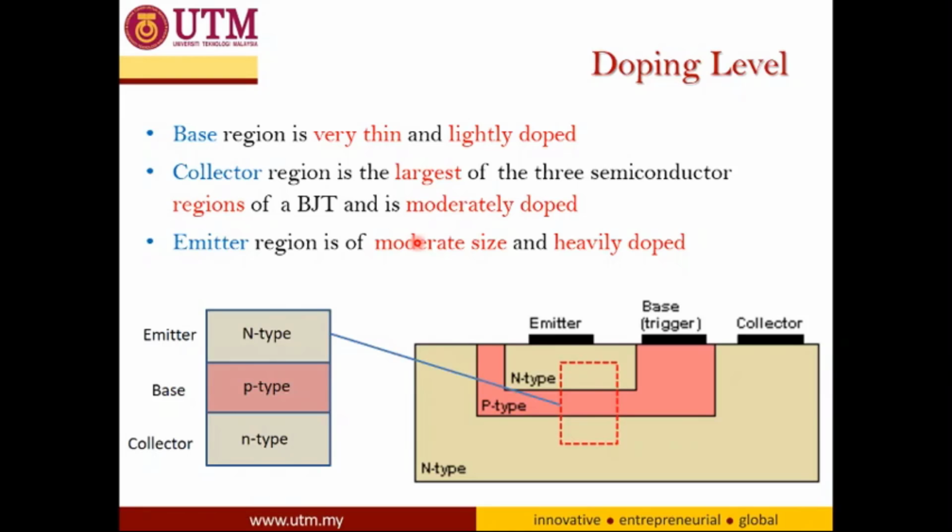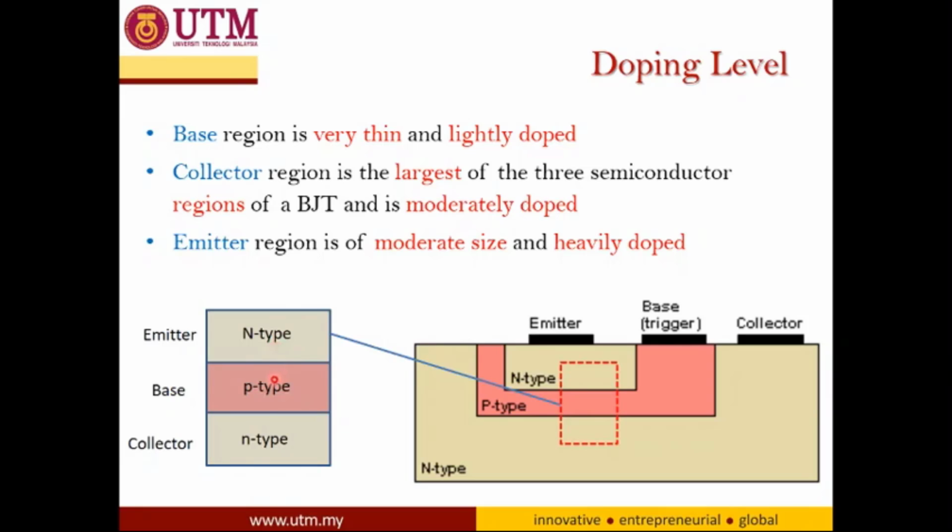If we add many dopant atoms, it means the semiconductor is heavily doped. Lightly doped refers to the condition where the doping is done with a small concentration of dopant atoms.